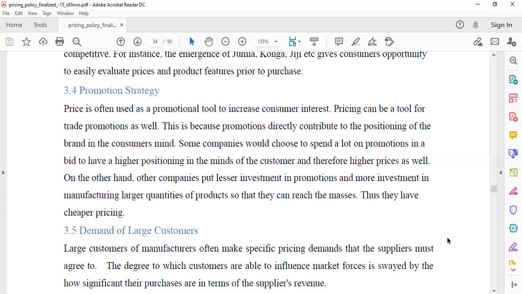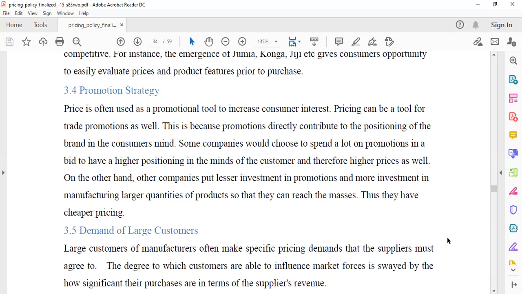Also, the promotion strategy. Price is also used as a promotional tool. So some companies would prefer to invest less in promotion, while some prefer to spend more in promotion.